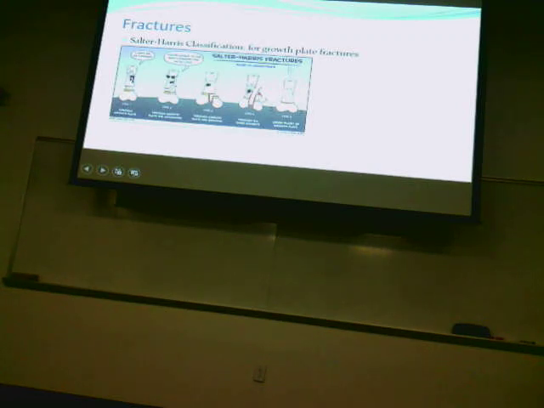Your type 3 is the L, which stands for lower, which is below, through the growth plate and below. And then the T is going to be through all elements. It's your type 4 that extends through your epiphyses and growth plate and diaphyses. And then your type 5 is going to be your crush injury of the growth plate.